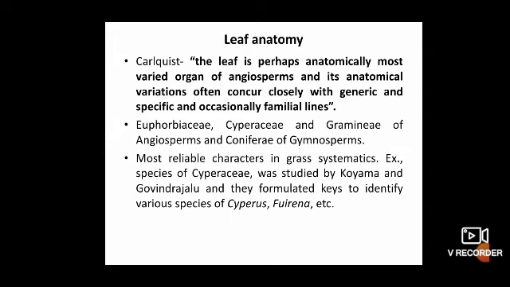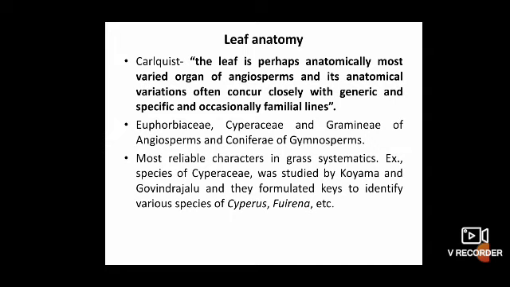Leaf anatomy has been used widely in several taxonomically different groups such as Euphorbiaceae, Cyperaceae, and Gramineae of angiosperms and Coniferae of gymnosperms. It has been one of the most reliable characters in grass systematics.